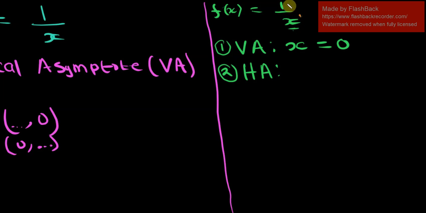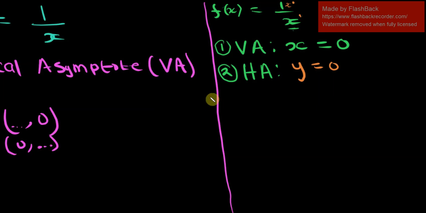Therefore, the horizontal asymptote will always lie at y equals 0 if the denominator's polynomial degree is greater than that of the numerator.